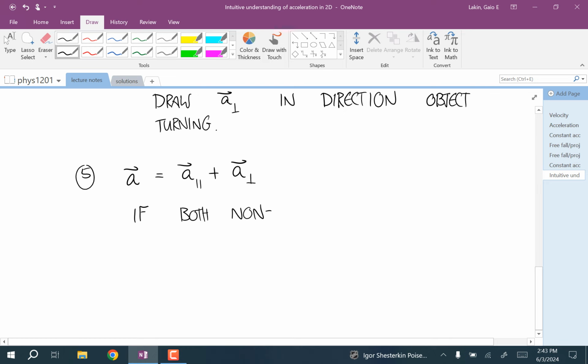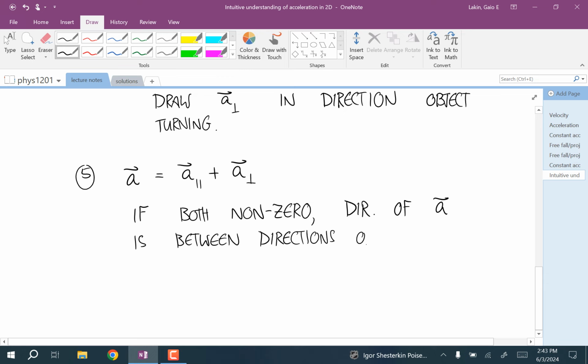So if both of these two parts are non-zero, then the direction of the total acceleration A is between these two, between the directions of A parallel and A perpendicular.